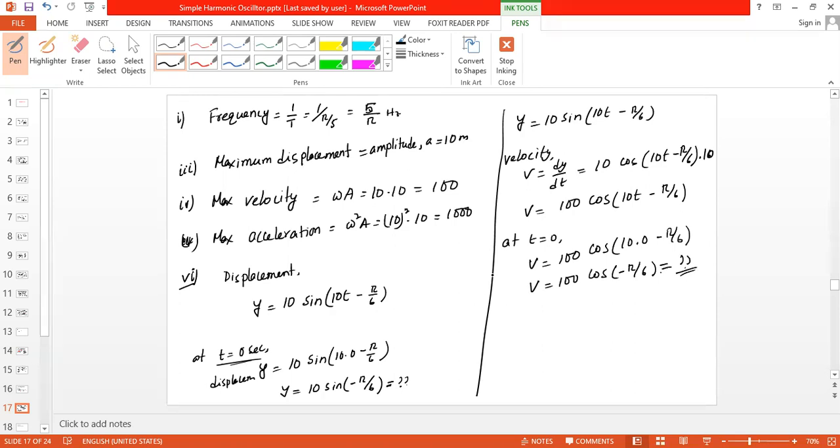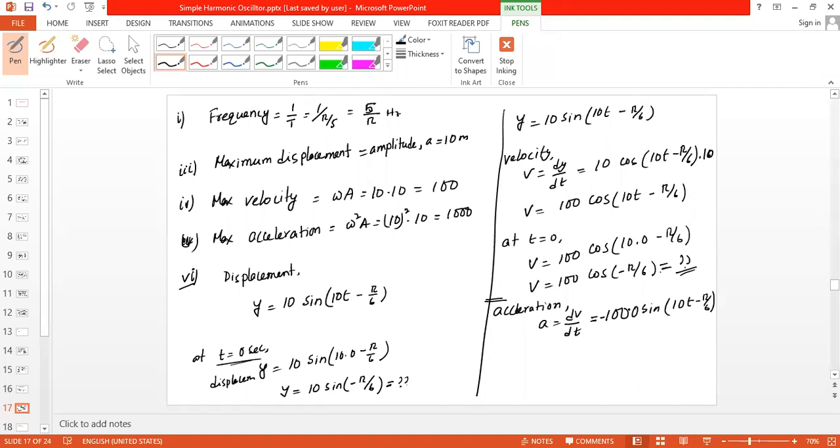And they also ask us to find out the acceleration at time t equal to 0 second. So acceleration a is equal to dv by dt. That means you have to differentiate this. If you differentiate 100 cos, this will give you a minus sine (10t minus pi by 6) multiplied by 10.